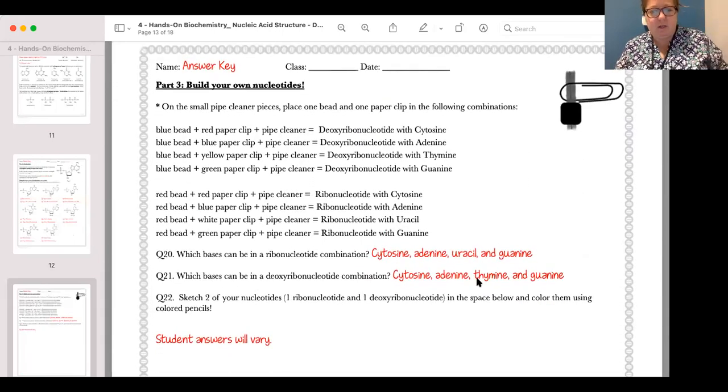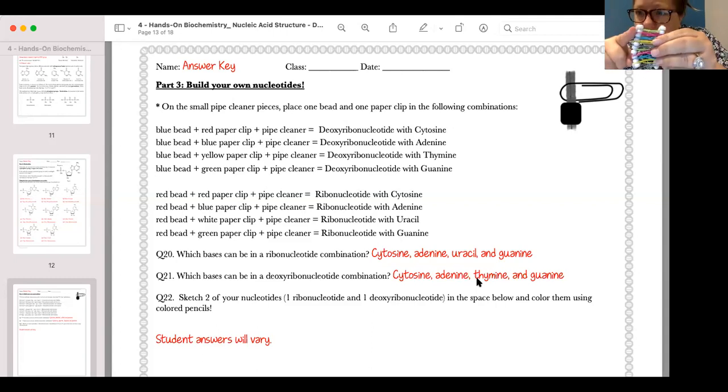So let's look at how this works. So in this, your adenosine and your thymine and your A and your T go together, and your C and your G go together. So let's look and see if this model is made correctly. This is a model of your DNA.